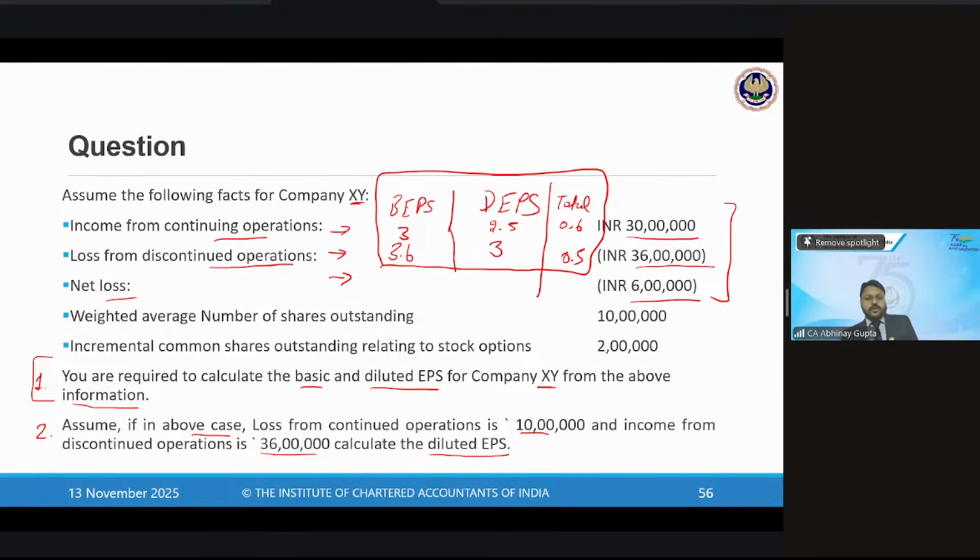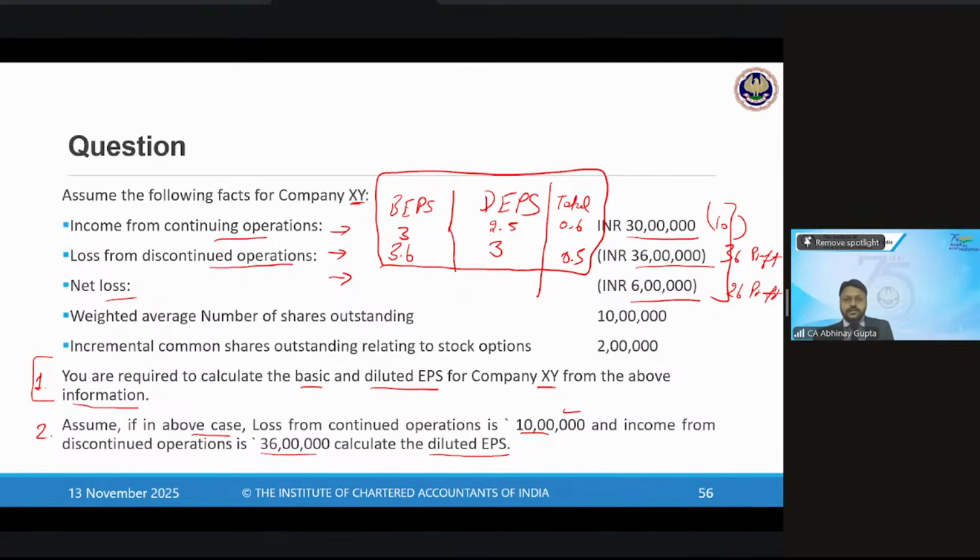Now, scenario two. Assume if in the above case, loss from continued operation is 10 lakh, right? So instead of 30 lakhs, it is 10 lakhs negative. And income from discontinued operation is 36 lakhs, right? So instead of 36 lakh loss, this is 36 lakhs profit. Then what would be the net position? 26 lakhs profit, correct? Yes, at the P&L.